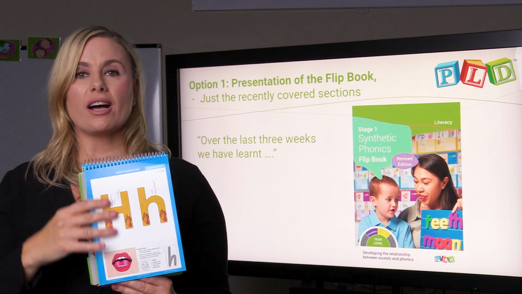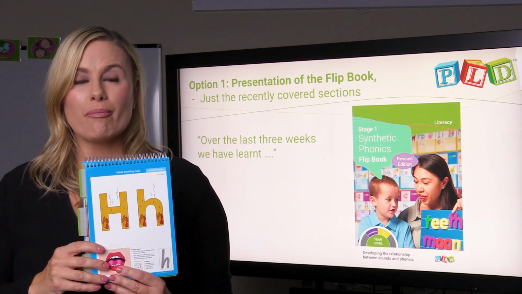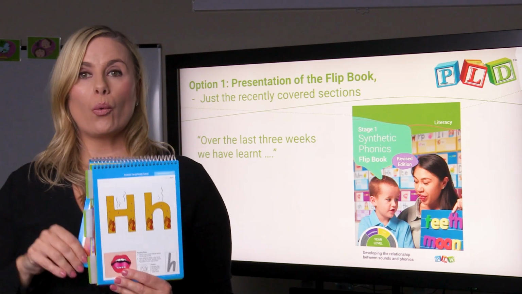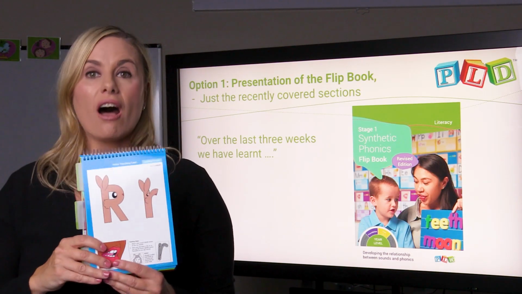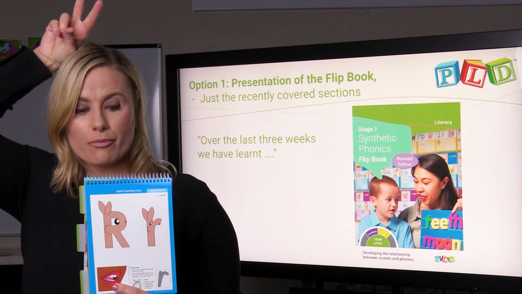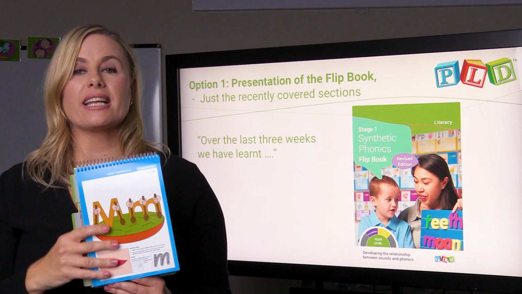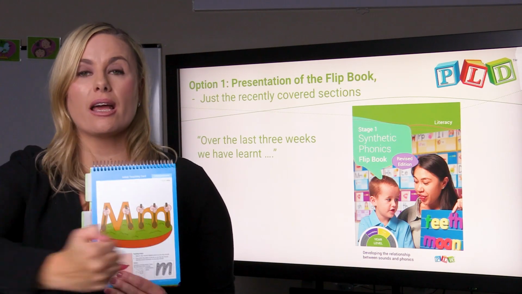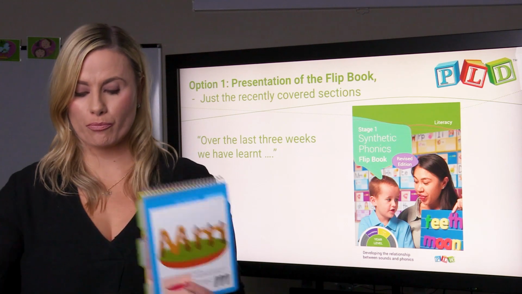We have also been revising the letter H makes the sound H, as in hot. We have been revising the letter R makes the sound R, as in rabbit. We have also been revising the letter M makes the sound as in mix.